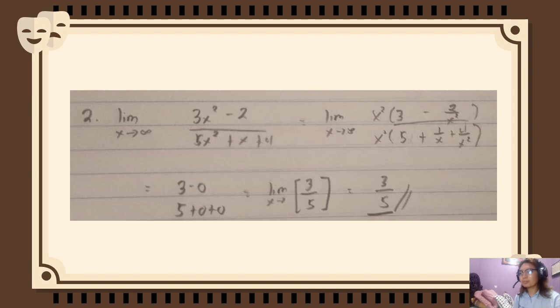Therefore 3 minus 0 over 5 plus 0 plus 0. So the limit is 3 over 5. That is the answer, okay?